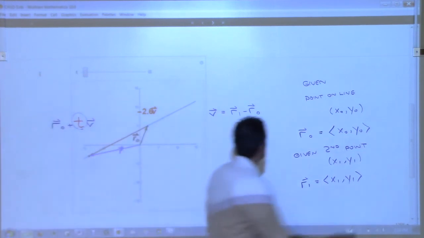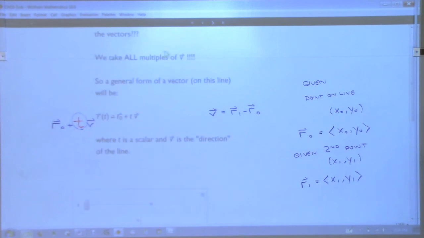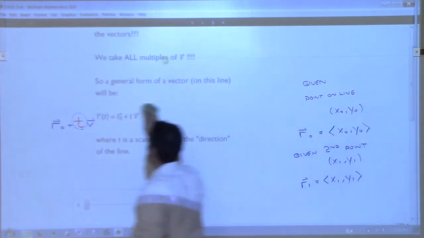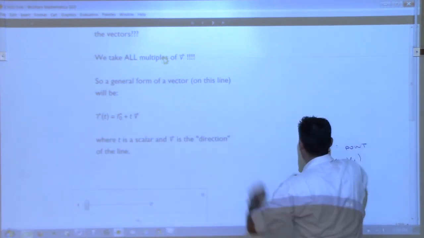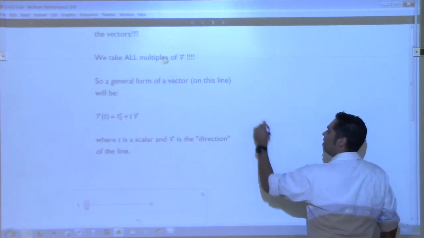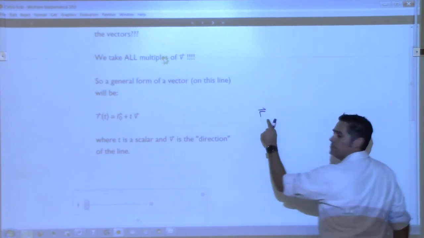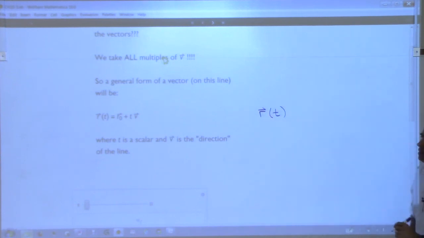And so what we get at the end is what we call the vector equation of a line. And this is the formula right here. It says we are going to have a bunch of vectors. All these vectors are going to be functions of some t.